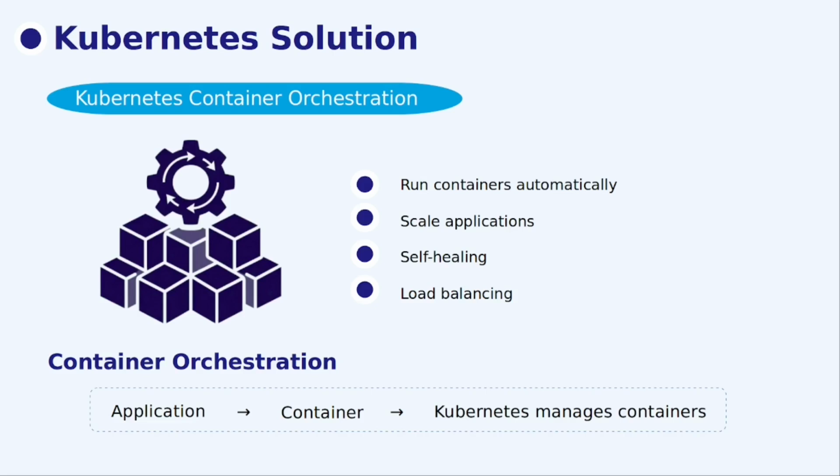When multiple containers are running, Kubernetes distributes traffic across them so that no single container becomes overloaded. In other words, Kubernetes allows developers to focus on building applications, while the platform takes care of infrastructure management and reliability.